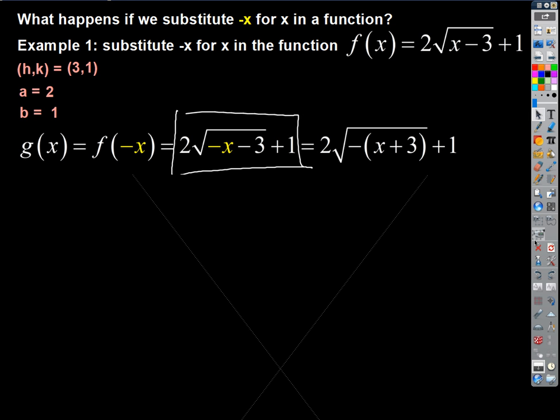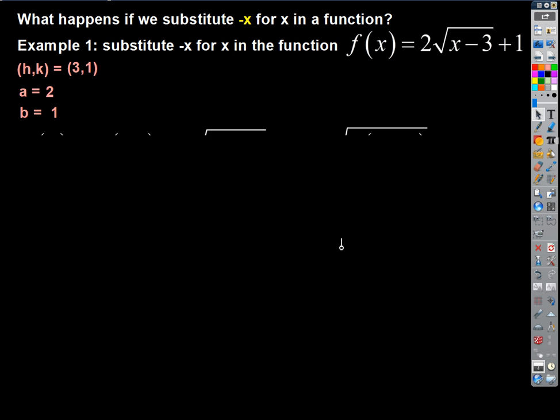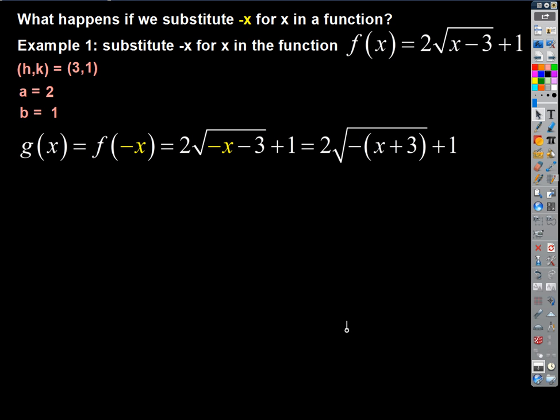Okay, what about this one here? What are the values here of h and k and a and b for g of x, after we've substituted -x for all the x's? What's h? 3. No. -3. How come?